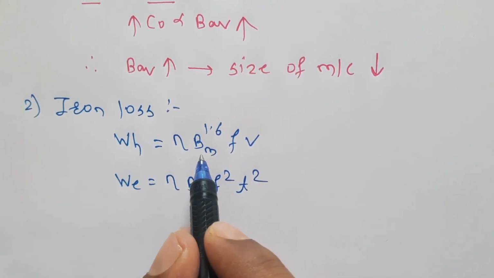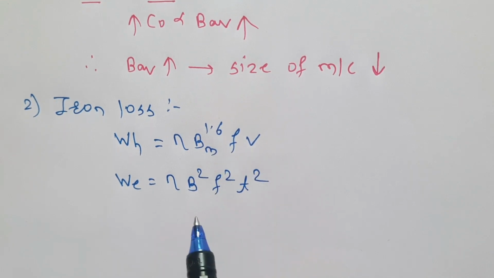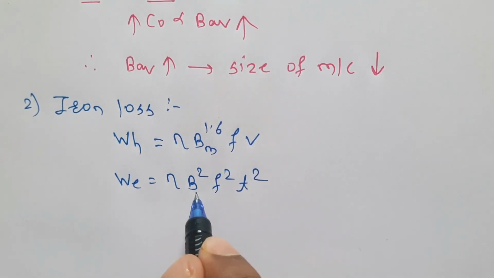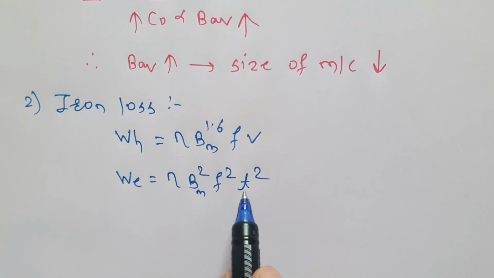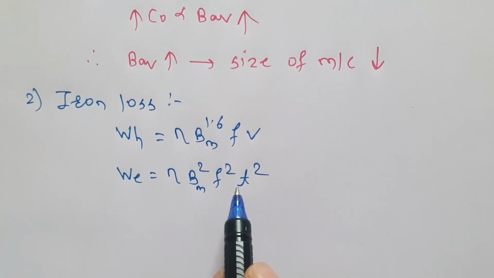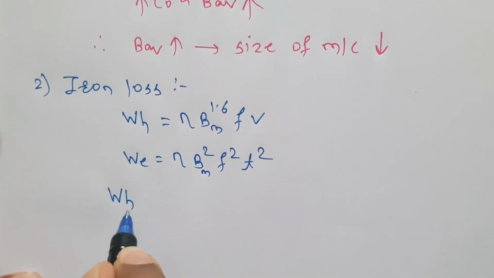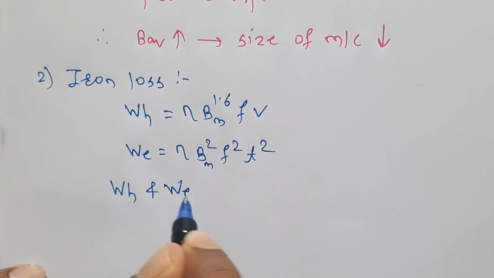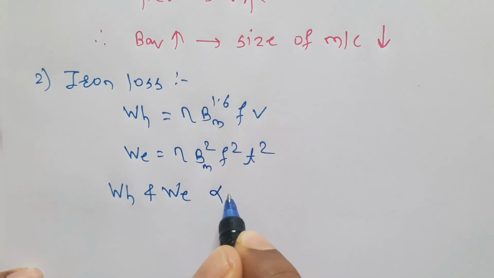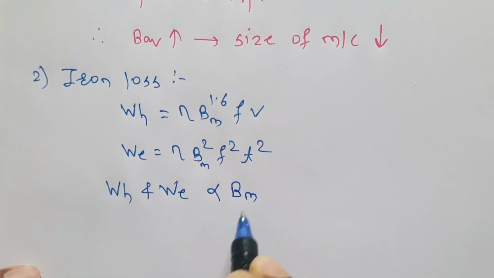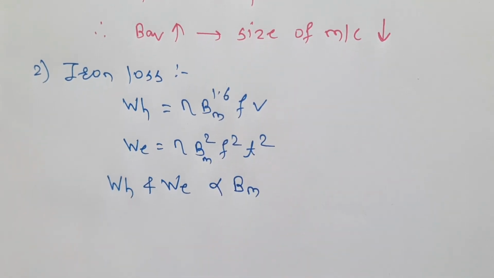Bm is the maximum flux density, F is frequency, V is volume, T is thickness of lamination. From these two equations, we can say that both hysteresis and eddy current loss are directly proportional to B average or Bm, that is maximum flux density.